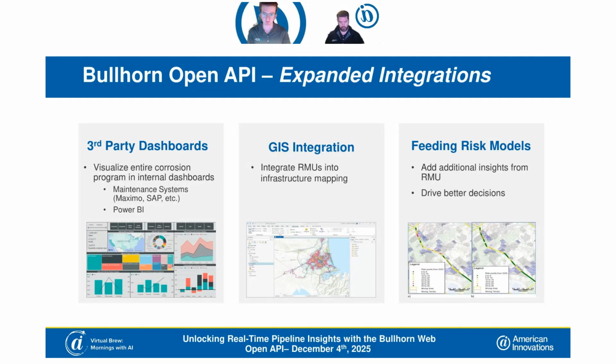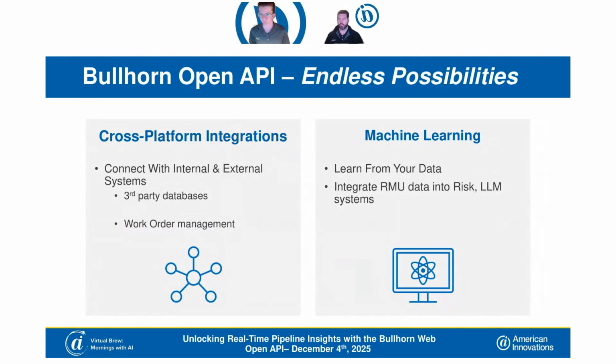This is very valuable. Being able to add additional insights into your risk model from remote monitors that are capturing measurements once a week, some every 15 minutes if they're on the AC side, helps you make better decisions on where to make proactive changes and maintenance. This was not really possible before with Bullhorn Web. Now it's an easy, instantaneous way to access all of that data in your risk model.